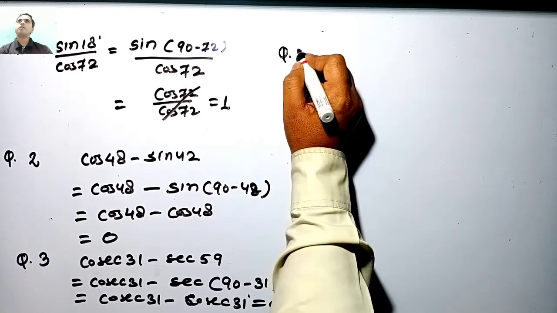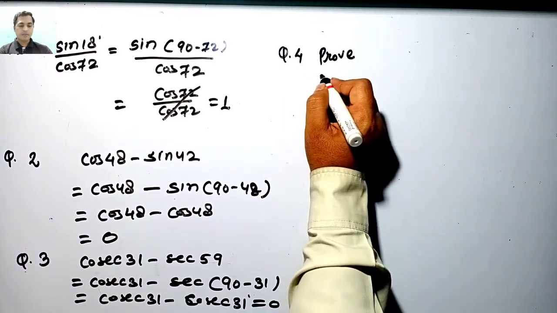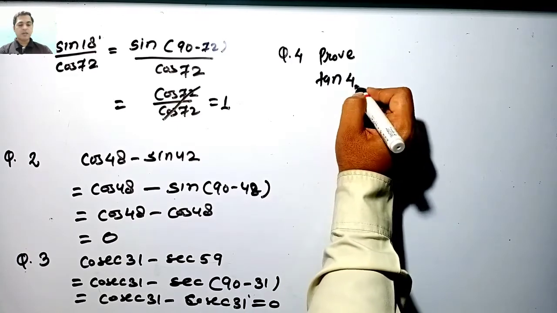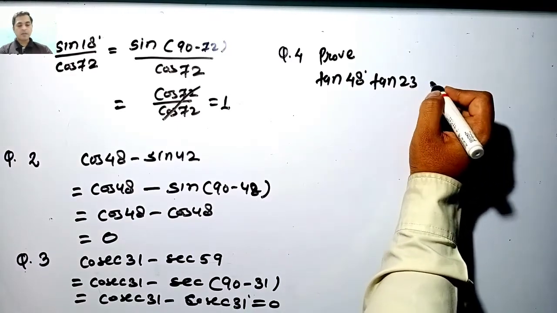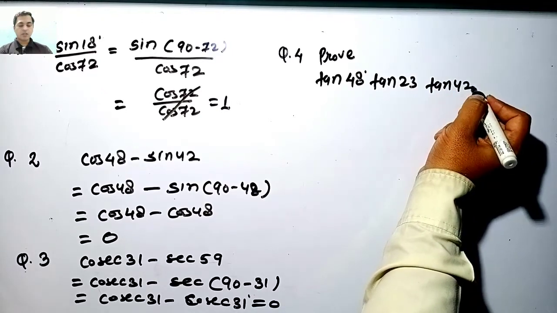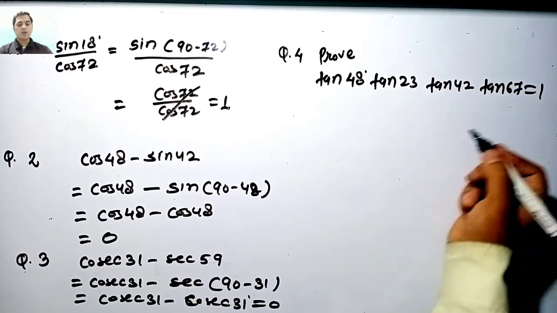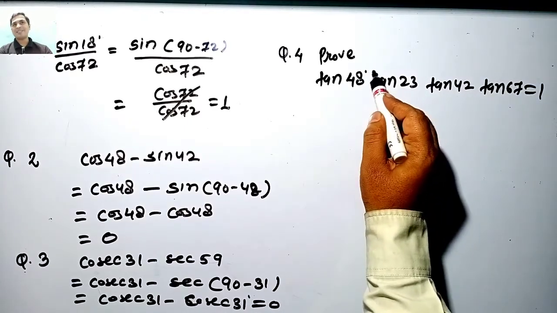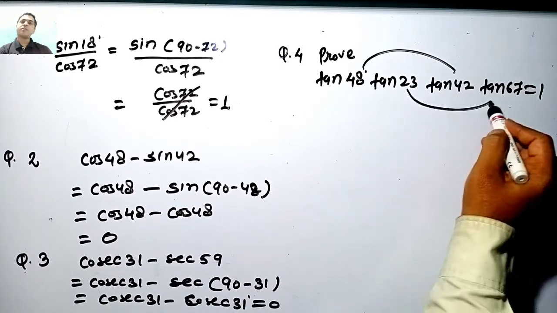The question is, prove tan 48 into tan 23 into tan 42 into tan 67 is equal to 1. So students, we know that 48 is complementary to 42 and 23 is complementary to 67.